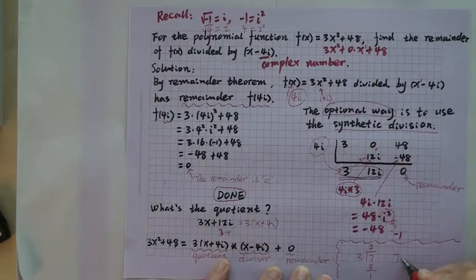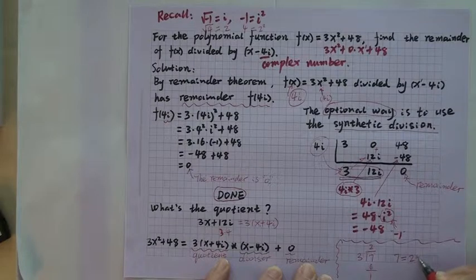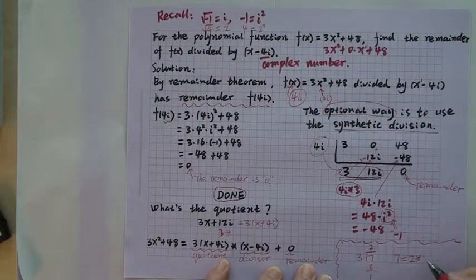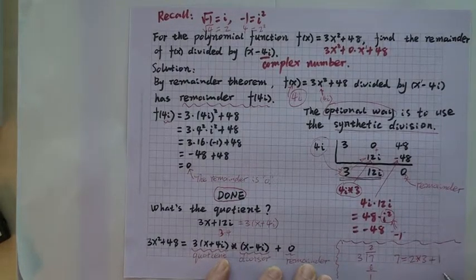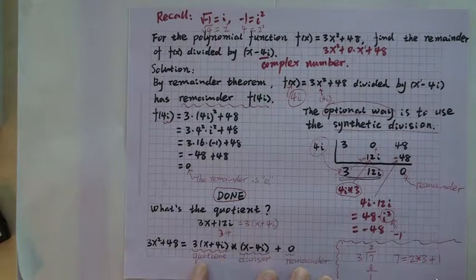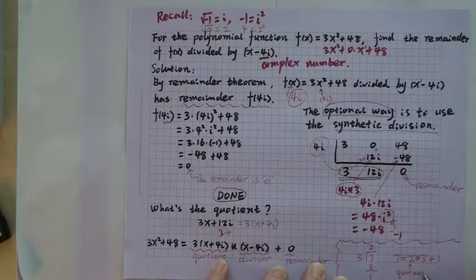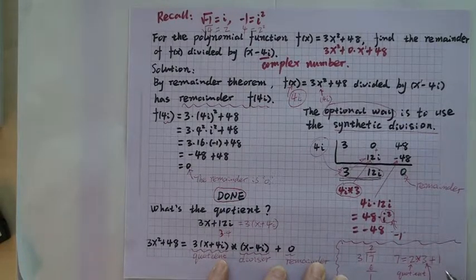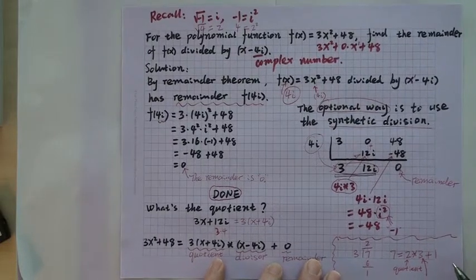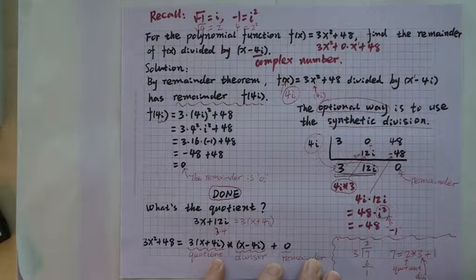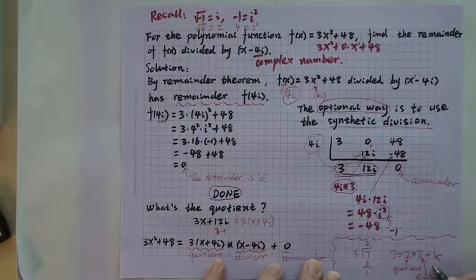Then 7 can be written as the quotient 2 times 3 plus 1. That's the remainder. So it's like here: here is the quotient, and here is the divisor, and this number is the remainder.